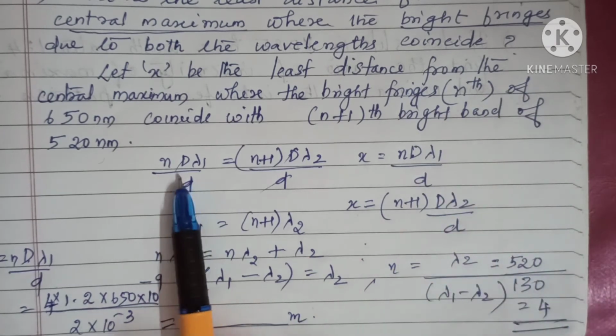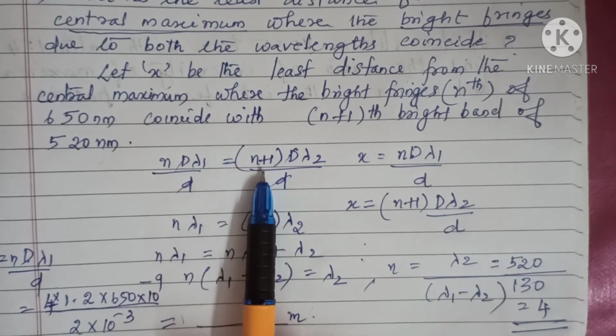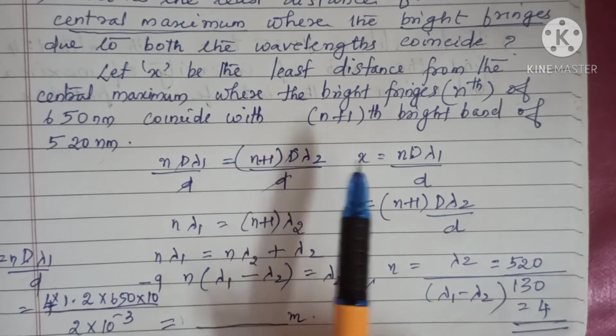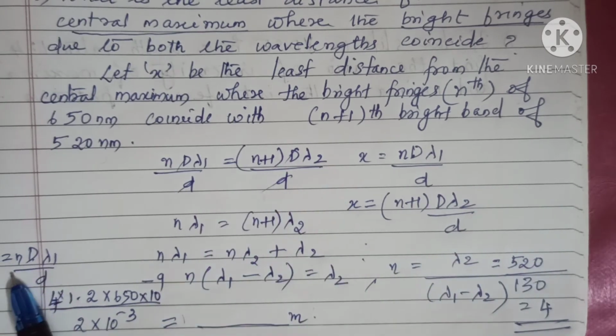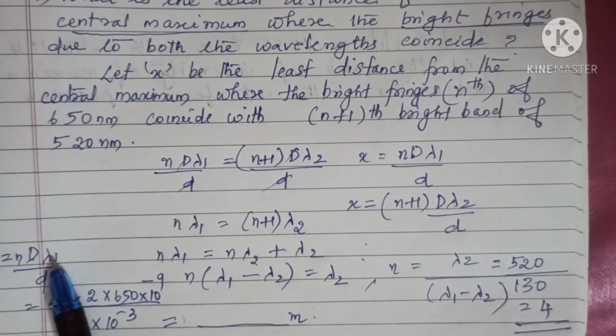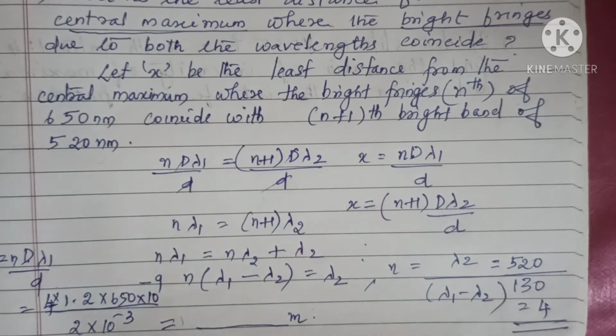So we are taking that condition here, and then you are equating and finding the value for x. Okay, with your given values you have to find it. It's a good question, go through it and practice more questions like this.